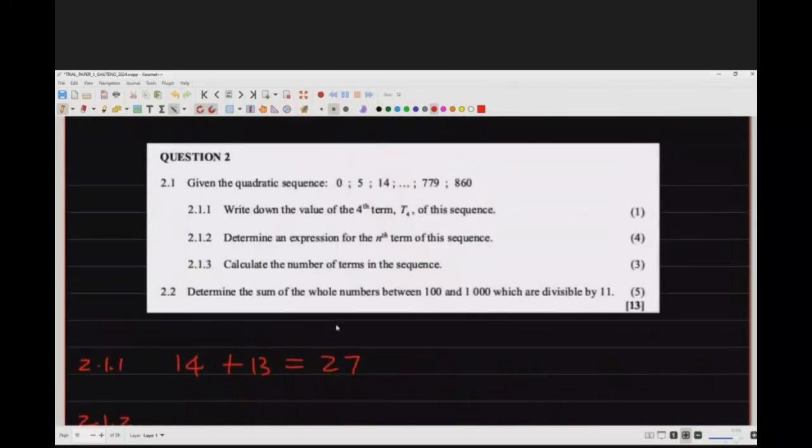And then for 2.1.3, we are told to calculate the number of terms in the sequence.